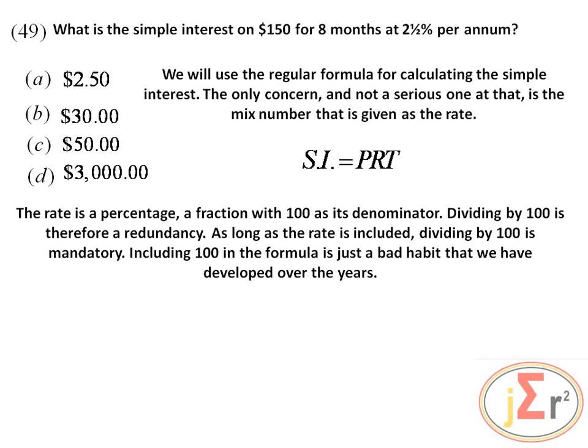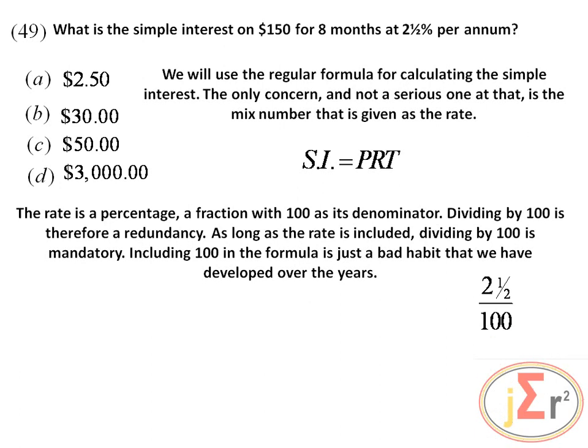Including 100 in the formula is just a bad habit that we have developed over the years. So the simple interest is actually equal to principal multiplied by rate multiplied by time. Do not forget that the rate is a fraction whose denominator is 100. Therefore, the denominator of 100 is already included in the rate.